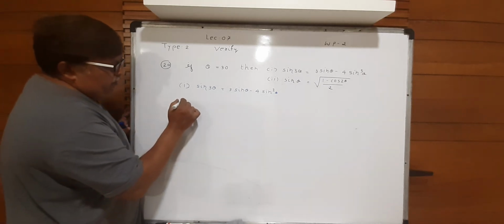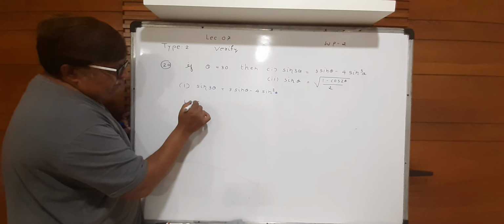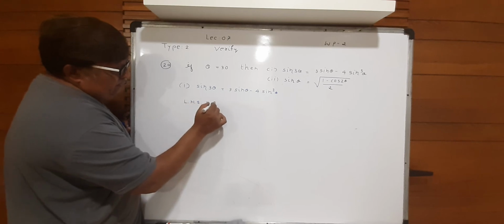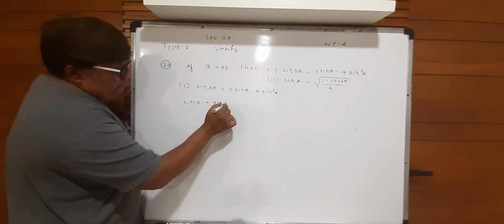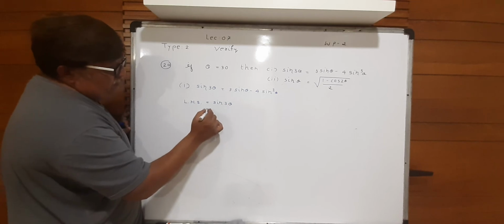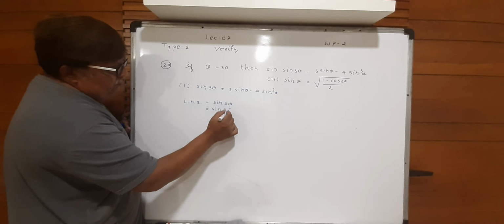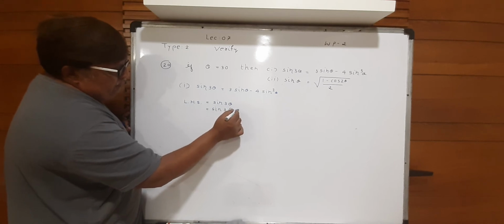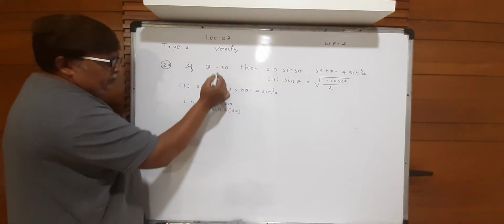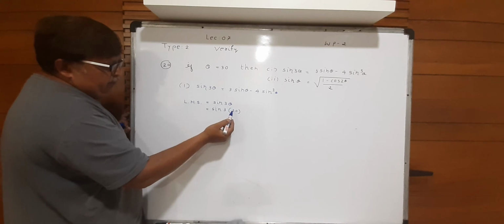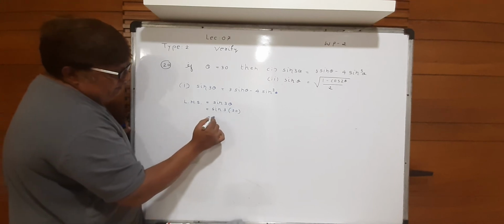First you write LHS, that is sine 3 theta. Sine, be conscious here, 3 into what is the value of theta? See, value of theta is 30, that I am substituting here.